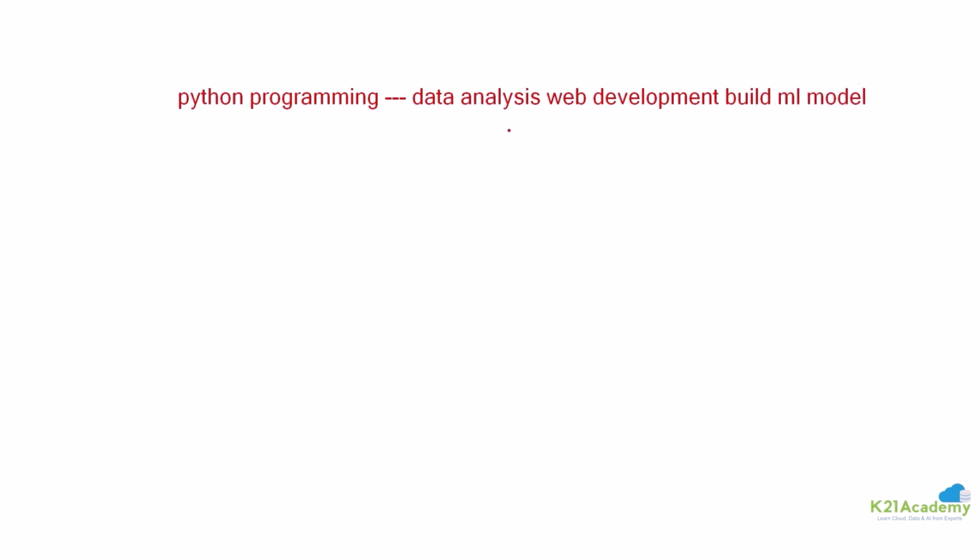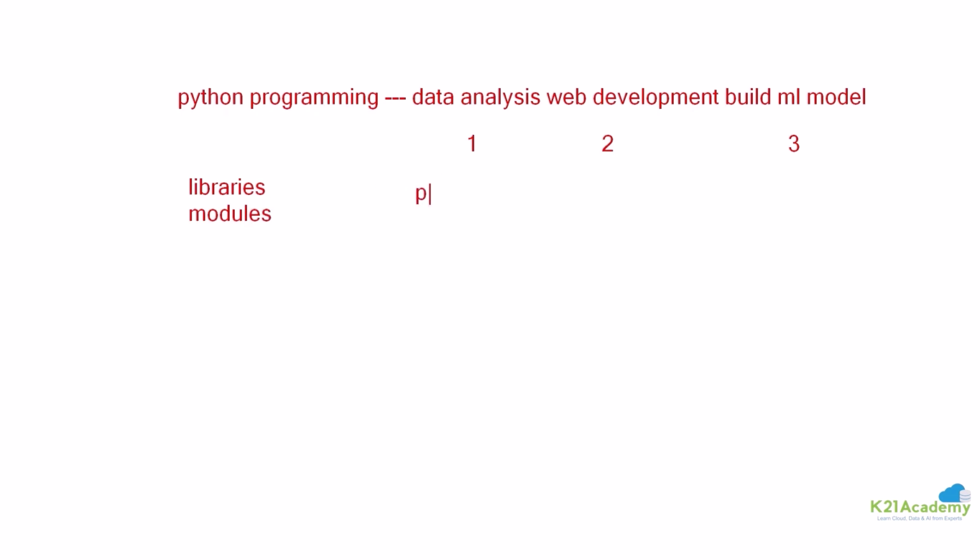Just to give an example, right now I have written three tasks, 1, 2, and 3. If you want to do any task, for every task in the programming language you have something called libraries, or you call them modules.